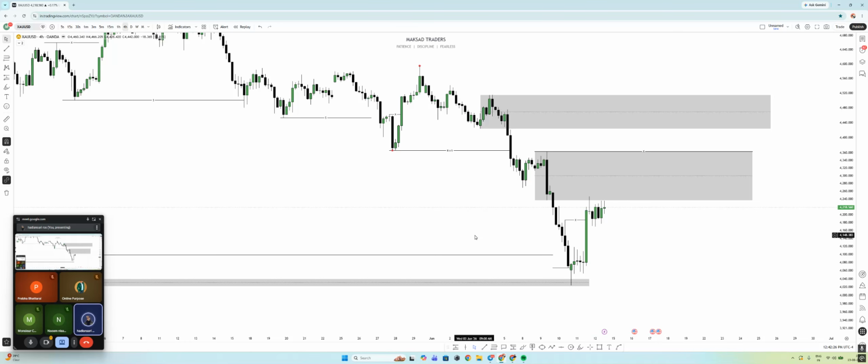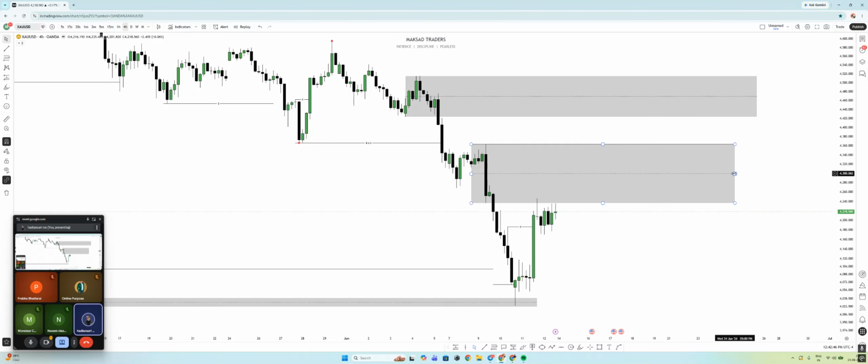You should master pullbacks. After the inducement, what exactly are you looking for? You're looking for an order block, order flow, or area of interest, anything like an IFC candle or hidden POIs and everything like that.